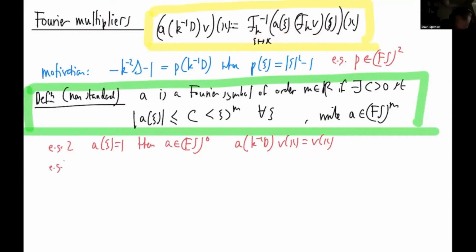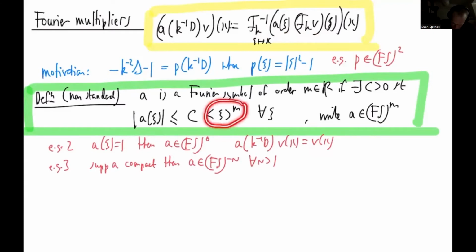The third example is that if the support of a is compact, then a is a Fourier symbol of order minus n for all n greater than 1, because I can stick any negative power of psi.